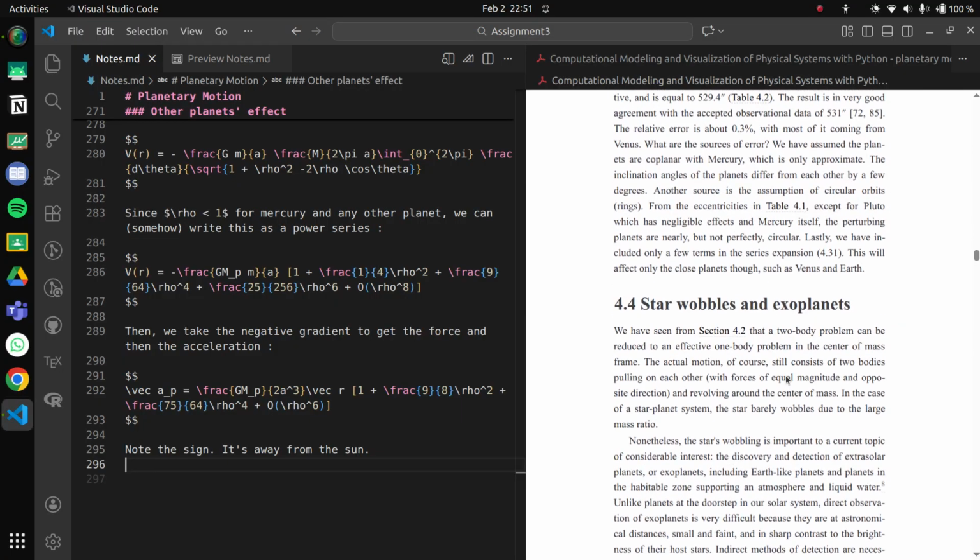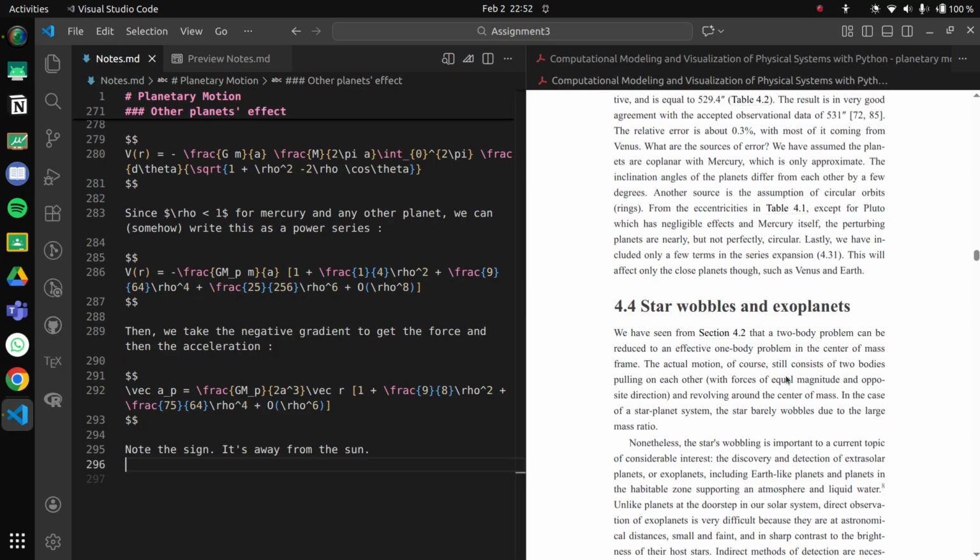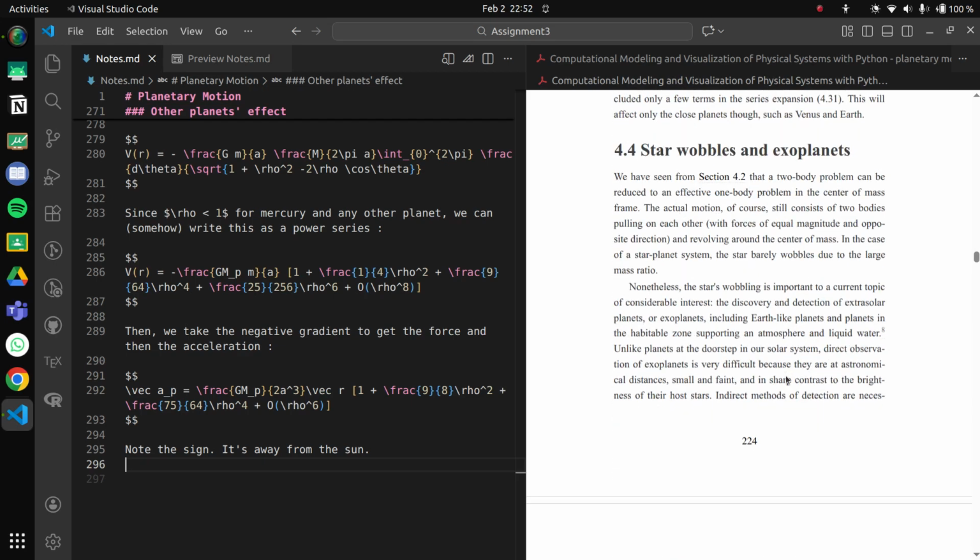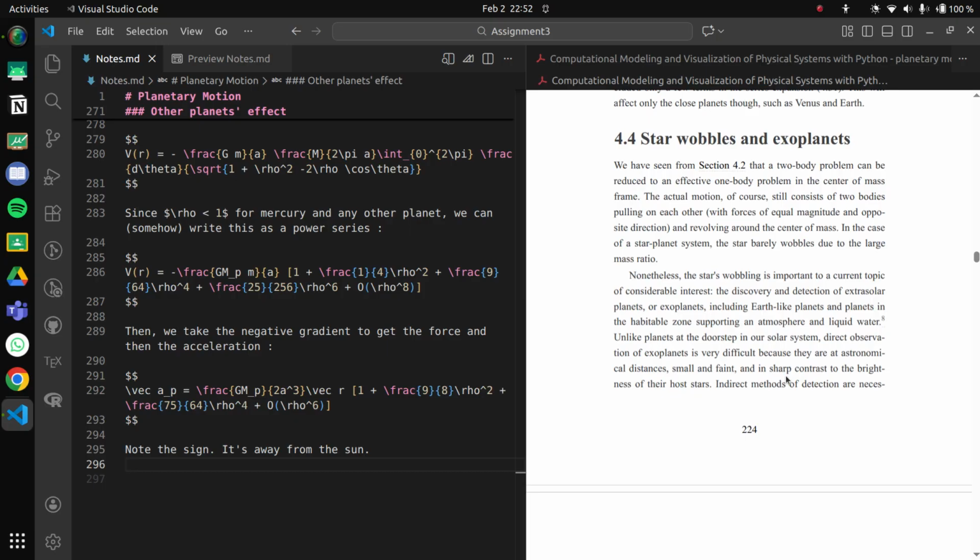And then they move on to something entirely different, which is star wobbles in exoplanets. Extrasolar planets or exoplanets, including Earth-like planets and planets in the habitable zone, supporting an atmosphere and liquid water.